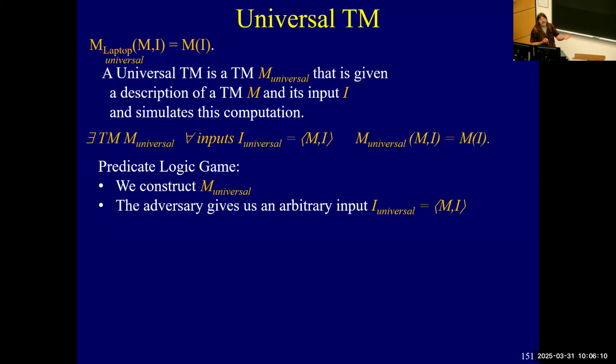Now, what's surprising is you might say, well, what's true about a Turing machine? It has some number of states. It has some tape alphabet, which could be 0, 1, or it could be bigger, right? And you've already fixed the description of this Turing machine, because it exists.